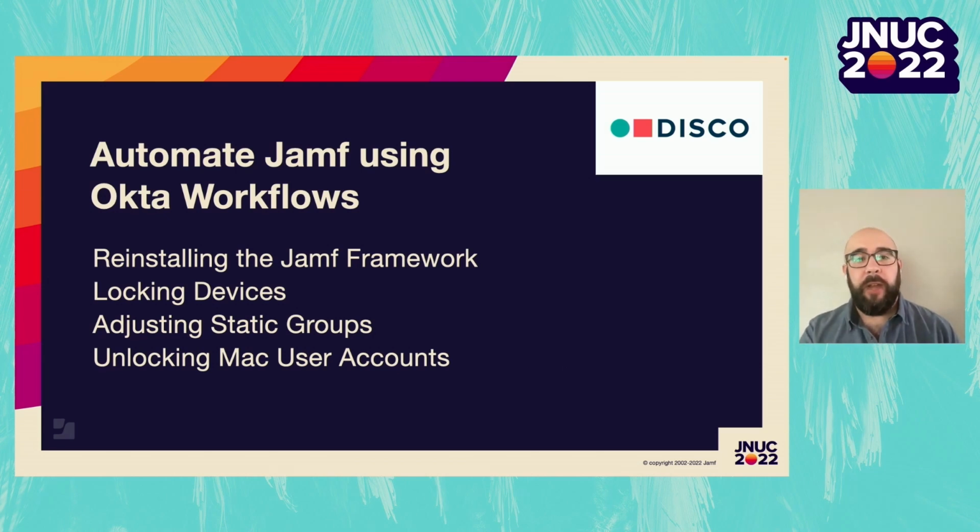So we'll take a look at reinstalling the Jamf framework, locking devices when someone exits, so that could be iOS or Macs, adjusting static groups, so kind of almost treating them dynamically as if they were a smart group in Jamf. And then finally, we'll take a look at unlocking kind of local Mac user accounts using an Okta workflow automation.